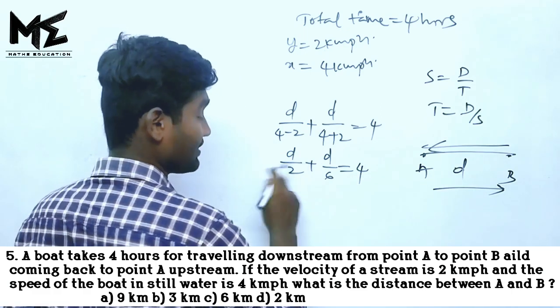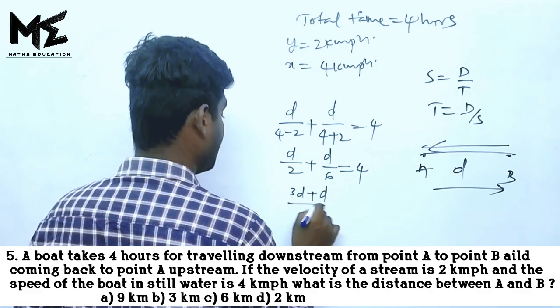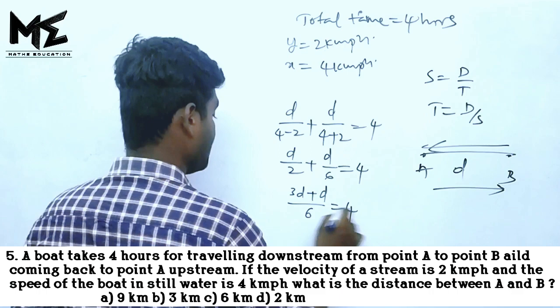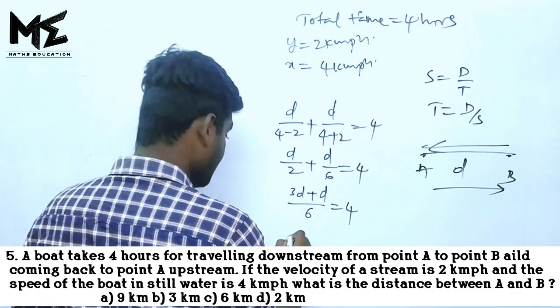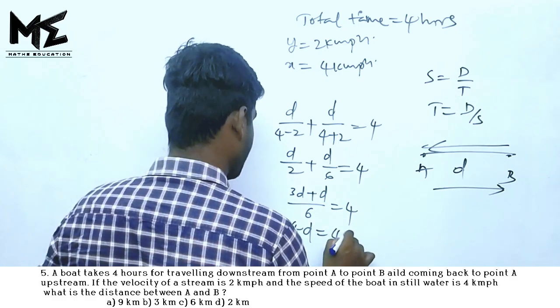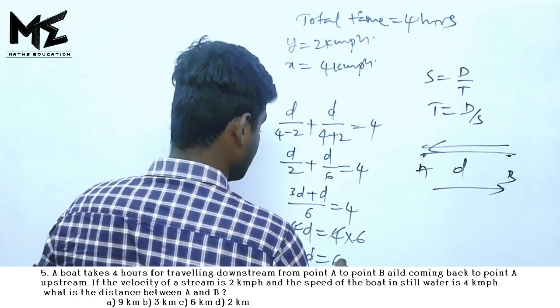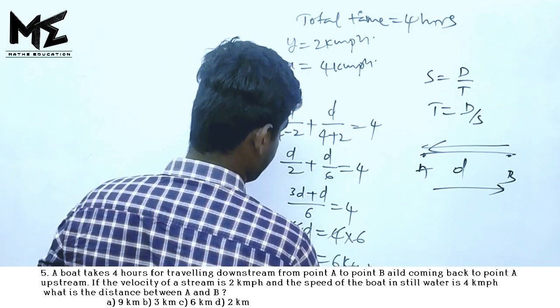So what is the LCM here? 6 is the LCM. 3d plus d by 6 equals 4. Take 6 to the right hand side. 3d plus d is 4d, which equals 4 into 6. 4 ones are 4, d equals 6 kilometers.